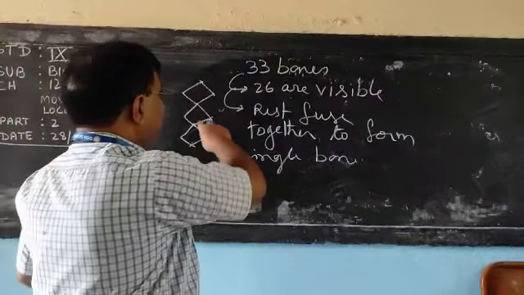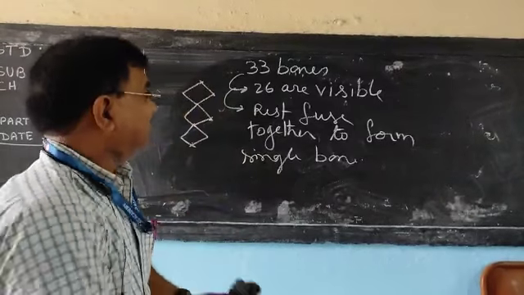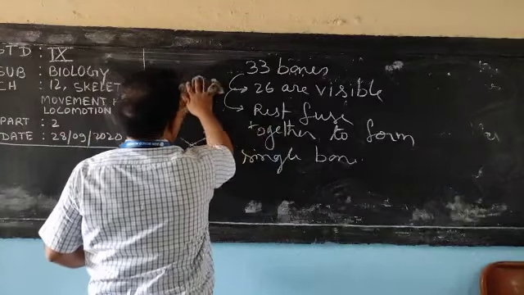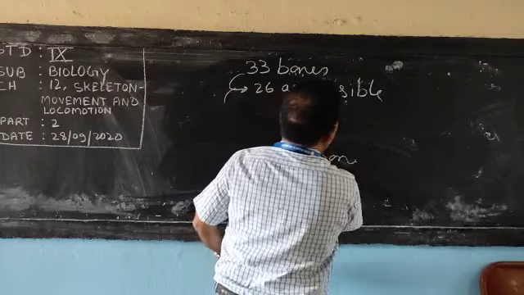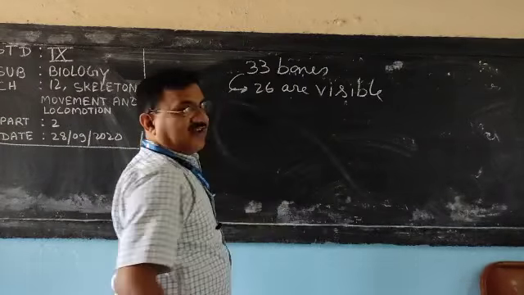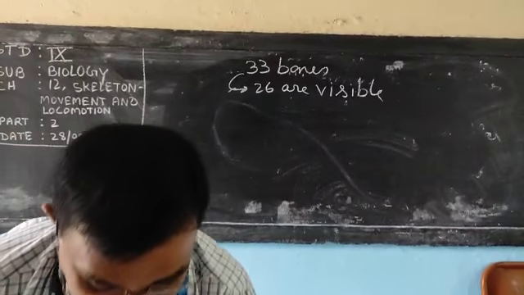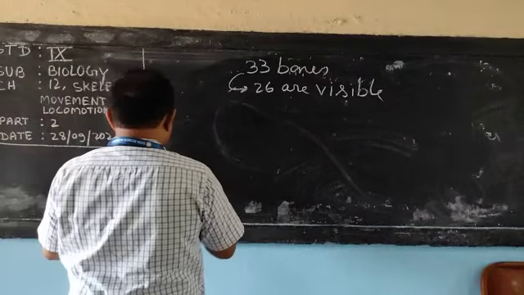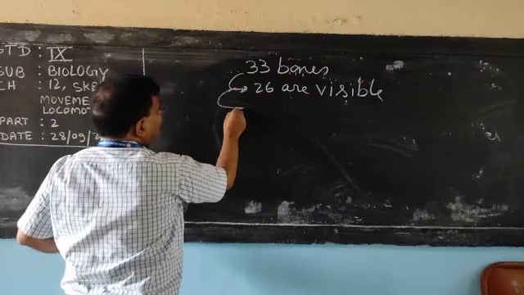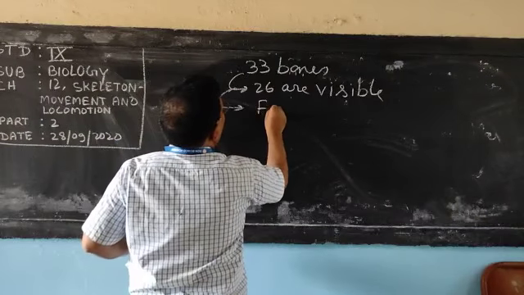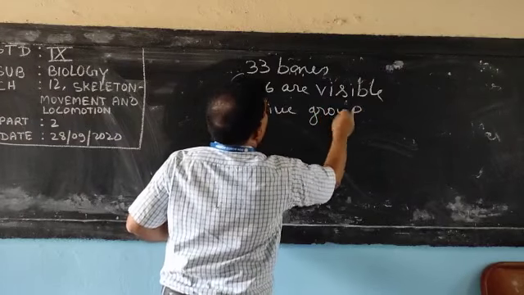Now, out of these 33 bones, according to the area, it is classified into 5 parts. Okay, what are those 5 parts? First one is the bone of the neck. It can be divided into 5 groups. What are those 5 groups?